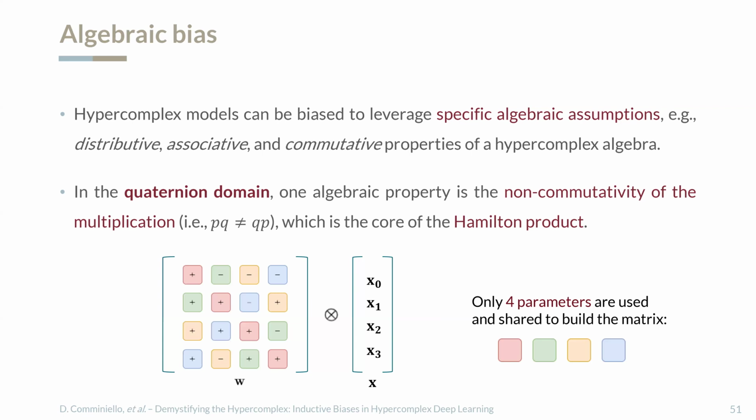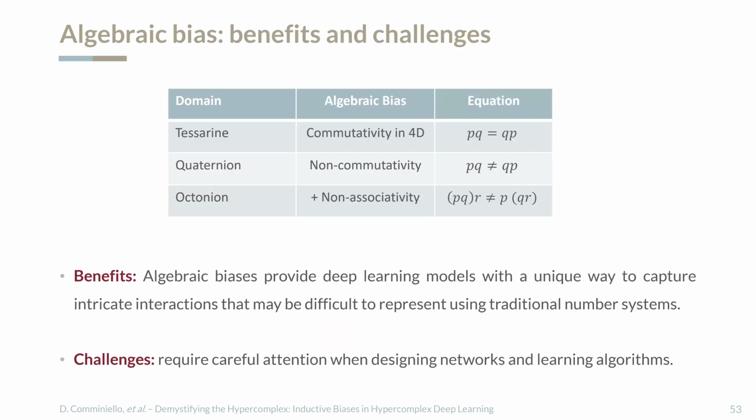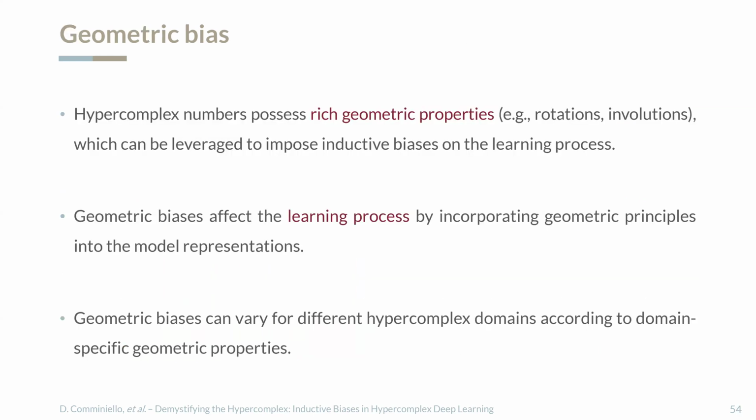So distributive, associative, commutative, and so on. These are related to the kind of order and also the algebra that we use. Also, we have, of course, some benefits and challenges, because we lose some properties, and so we need to understand how we can lose some properties.